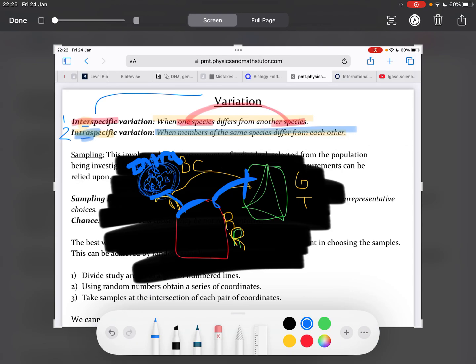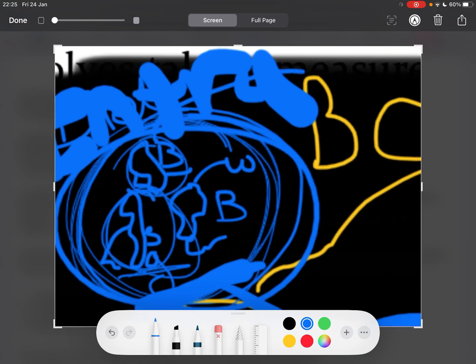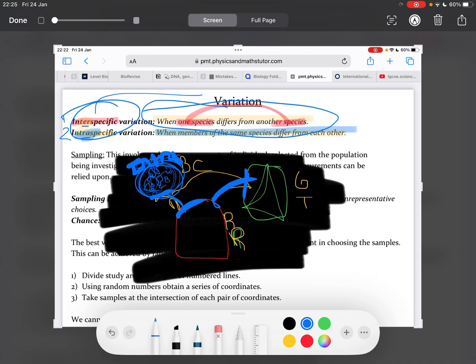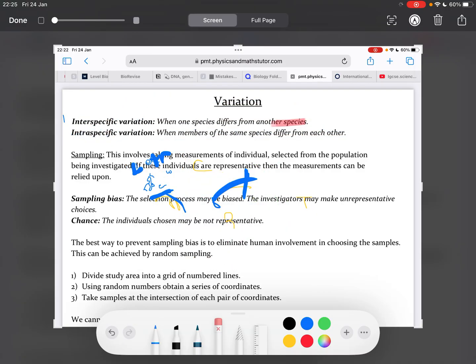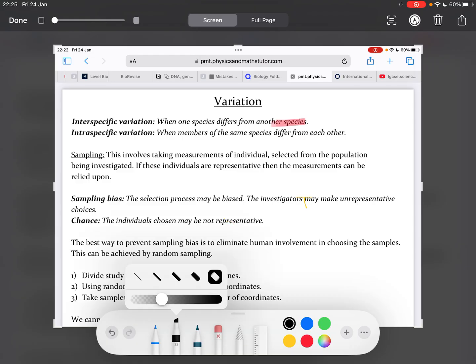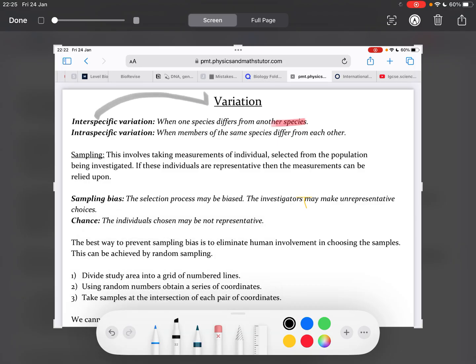This differentiation between the species is interspecific. The differentiation inside one species is the intra. So again, interspecific variation is when one species differs from another species, while intraspecific variation is when members of the same species differ from each other. Basically, these are the two types of variation.